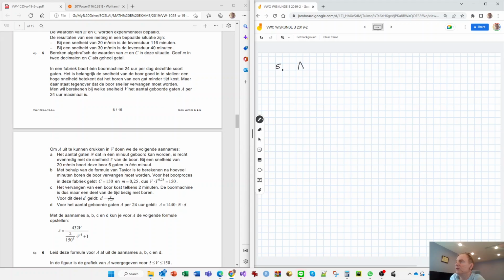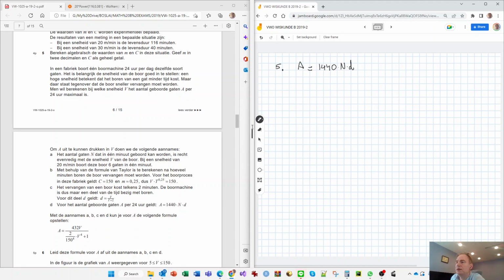They already give an expression for A, but it's not expressed in phi. We want to express it in the speed of the drill. So let's see if we can find this capital N and D.